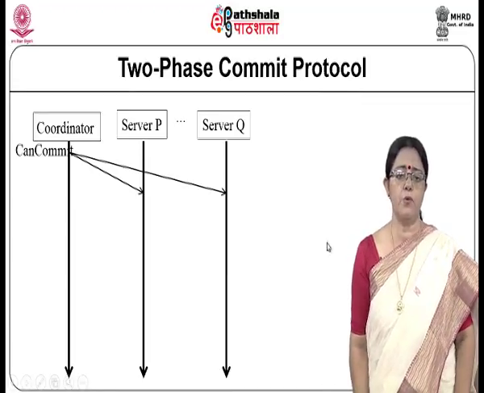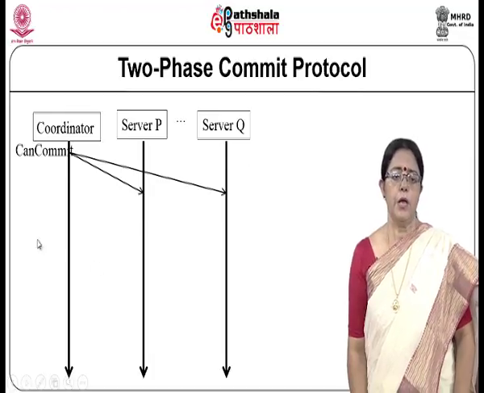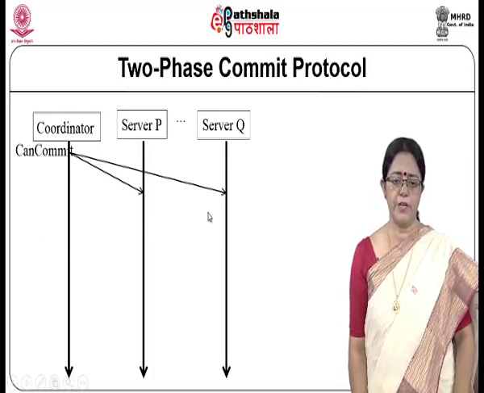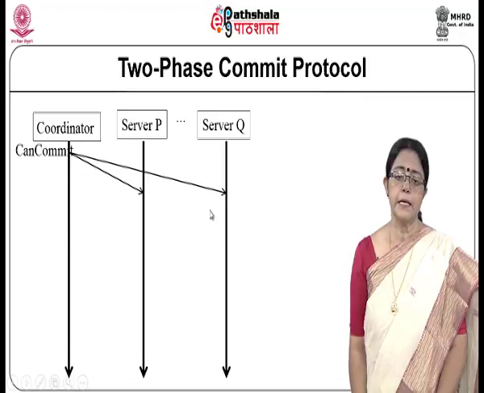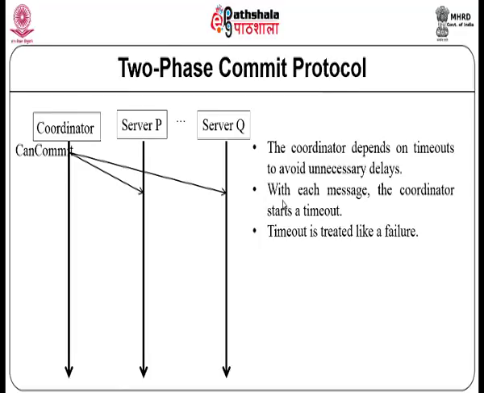So, this is the can commit the coordinator is sending. We have one coordinator and a server P and a server Q. The coordinator sends a can commit to both the servers. While the servers are taking the decision, after sending the can commit message, the coordinator starts a timeout. This timeout is a very important mechanism in a two-phase commit protocol, because based on this timeout the coordinator will decide.